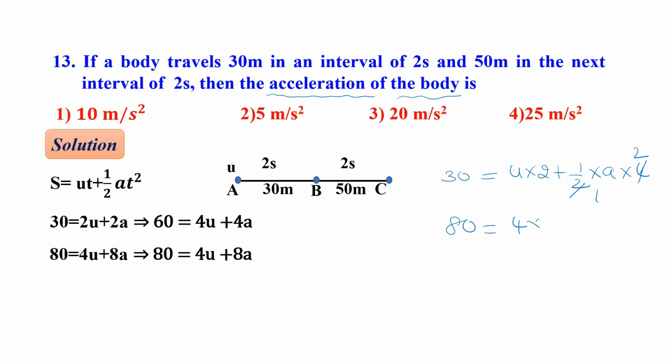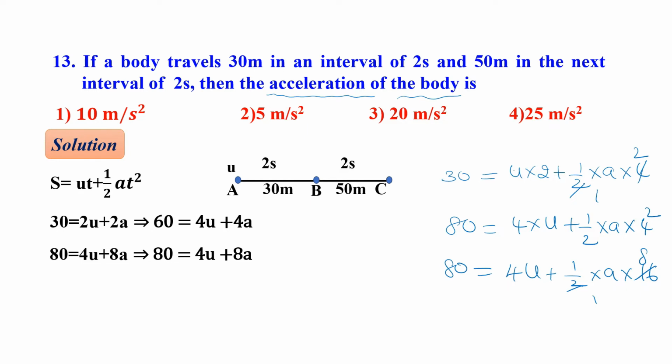So 4 into u plus half a t, nothing but 4 seconds, that is 4 square. So 80 is equal to 4u plus half into a into 4 square, nothing but 16. 2 ones 2, 2 eights 16.